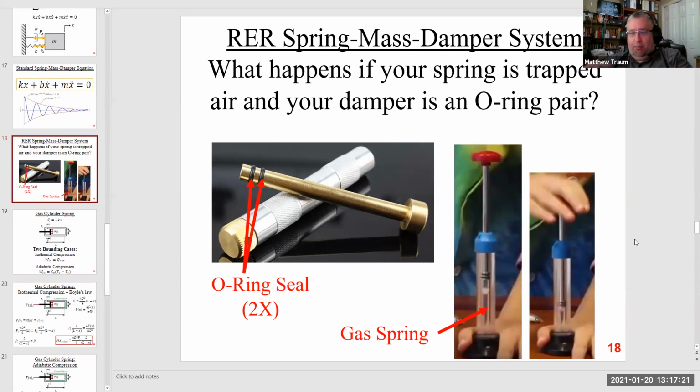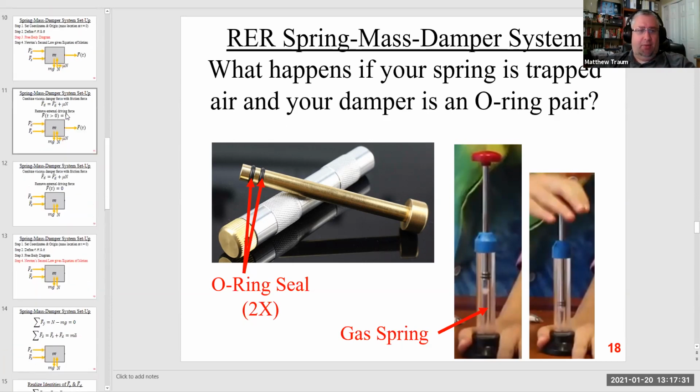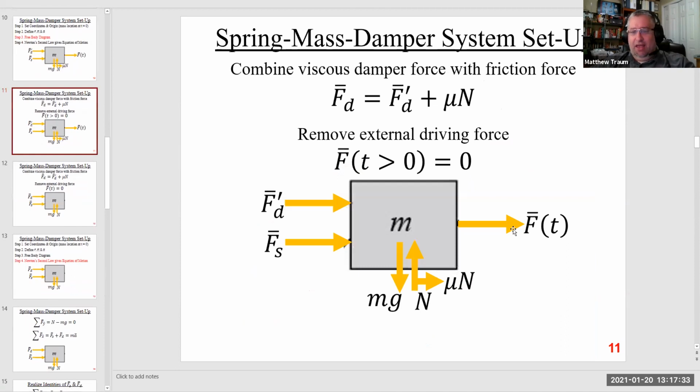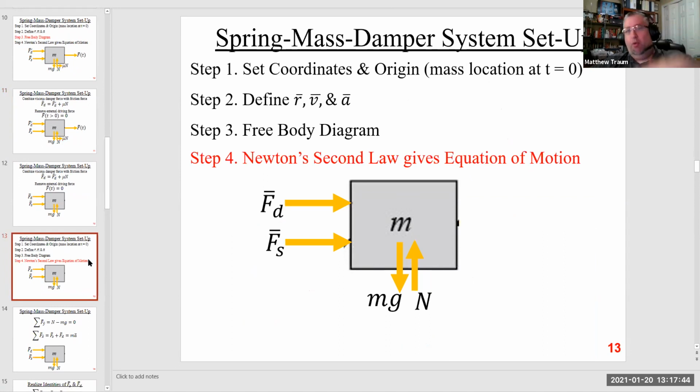Everything is compressed, and I'm wondering what happens to the piston after I remove my hand. The moment I remove my hand, this F of t goes to zero. There's no more force holding the piston down, and so the piston will respond by moving upwards, hopefully, in response to the pressurized gas inside the piston.